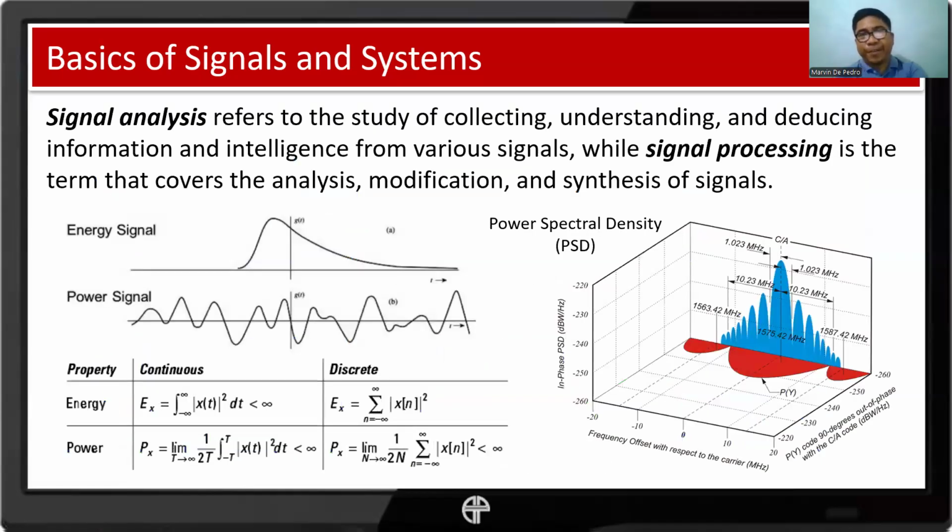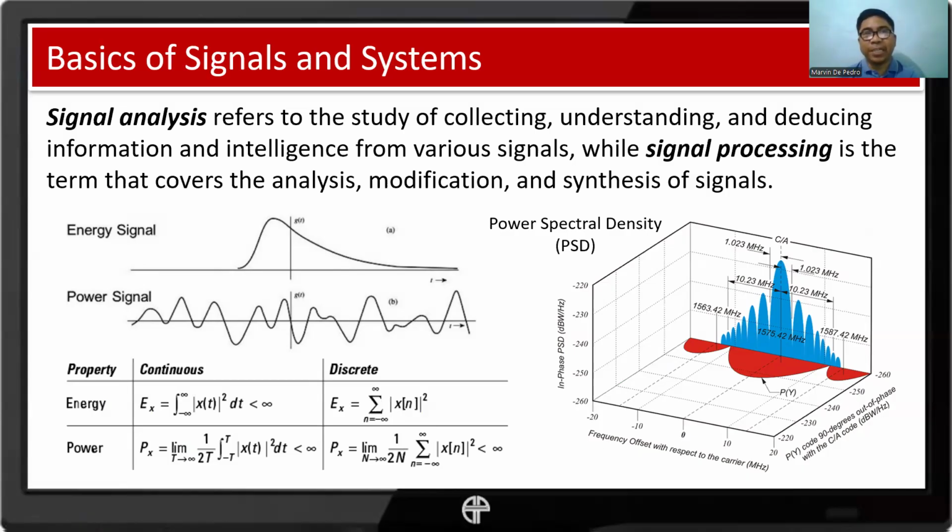And therefore, we have to study what we call signal analysis, which refers to the study of collecting, understanding, and deducing information and intelligence from various signals. While signal processing is a term that covers the analysis, modification, and synthesis of signals. So basically, before we can do signal processing, we have to do signal analysis because part of signal processing is signal analysis.